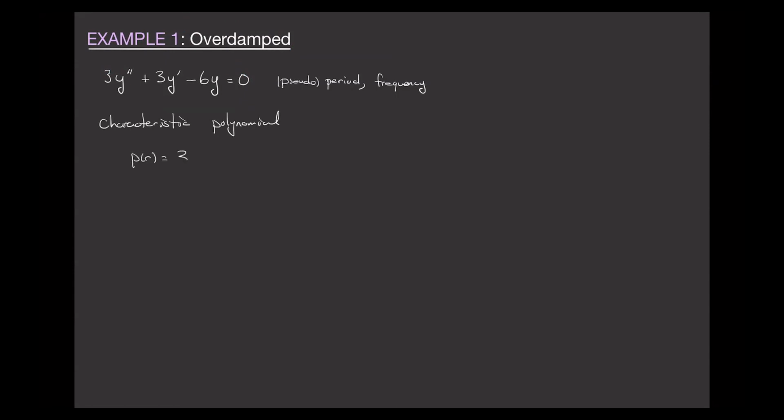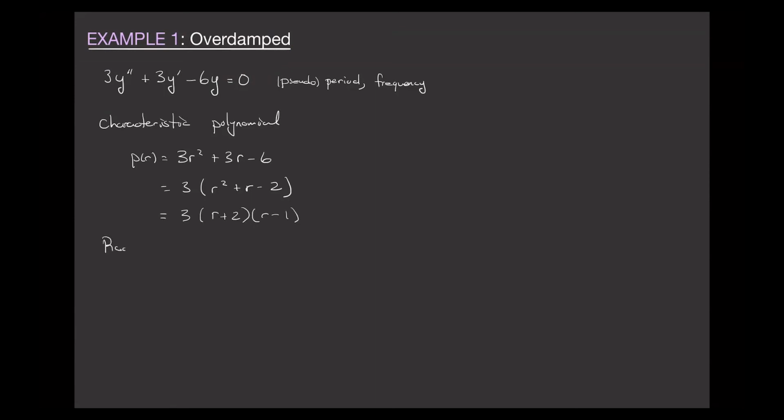That means that we have a polynomial like so, 3r squared plus 3r minus 6. That'll factor. We can factor out the 3: r squared plus r minus 2. I'm going to do this a little fast just for the sake of time to make sure we get in 1 or 2 examples. That's 3, and this factors nicely as what? r plus 2, r minus 1, right?